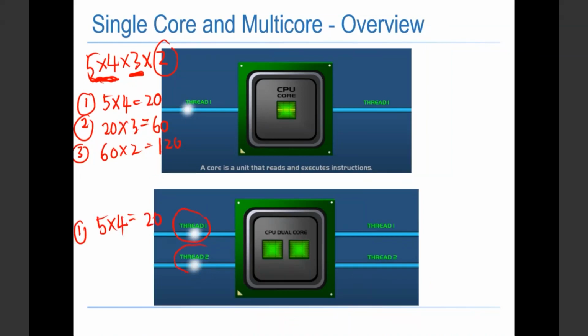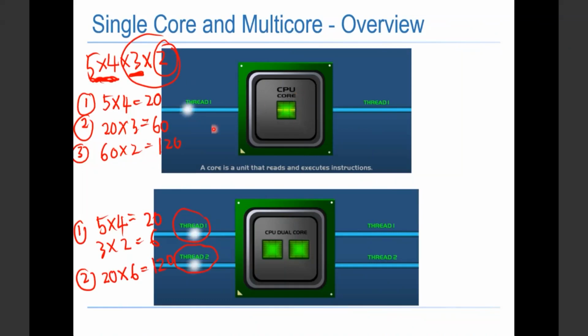And at the same time, thread 2 will take 3 multiplied by 2, and then you get 6. And on the next cycle, the CPU will run 20 multiplied by 6, which will give you 120.